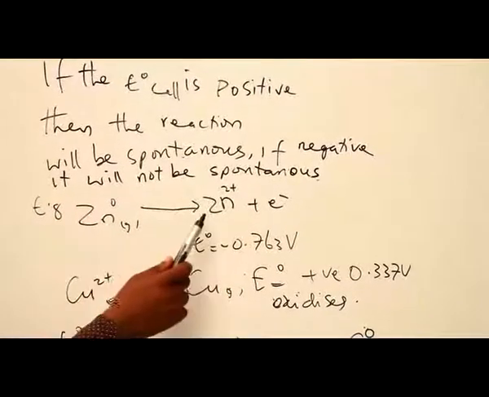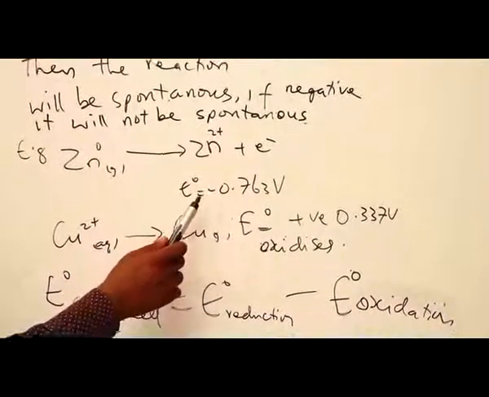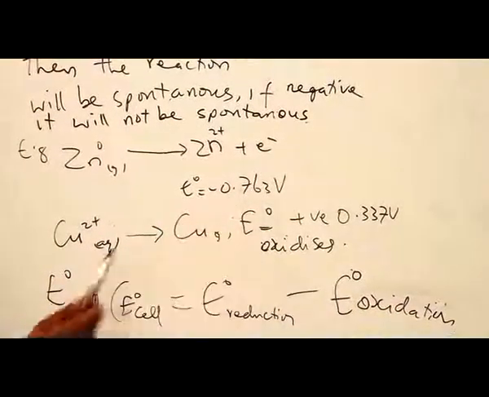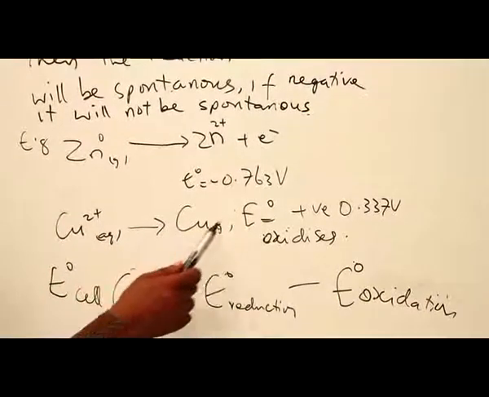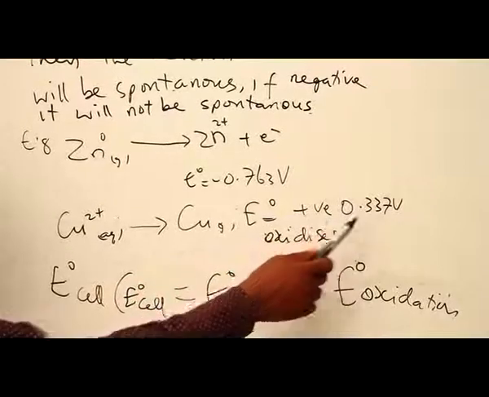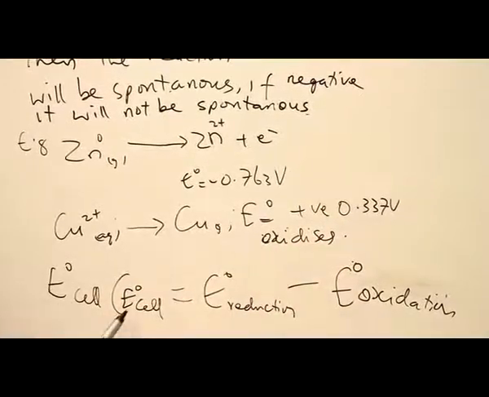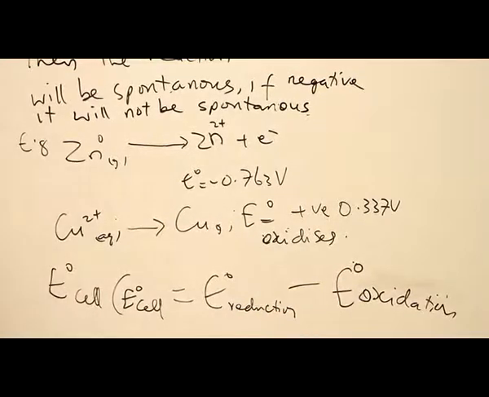Zinc going into zinc ion plus electrons, E0 equals minus 0.763 volts. Copper 2 ion going into copper, E0 equals positive 0.337 volts. E0 cell equals E0 reduction minus E0 oxidation.